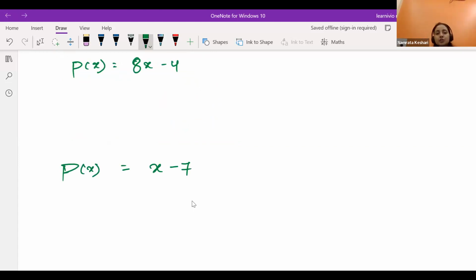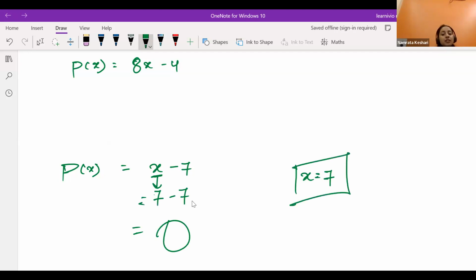If I ask you, what is that particular value of x which will make this polynomial 0? x equals 7. If we substitute positive 7 in place of x, then the complete result will become 0. And hence, this value x equals 7 is called the 0 of the polynomial.